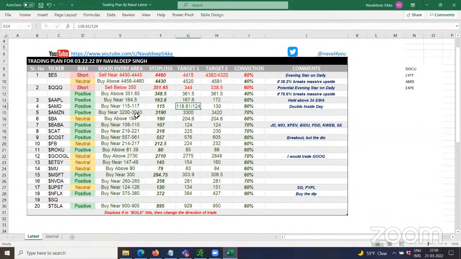So Amazon, 32.60 is my stop loss because I'm going short on Amazon. Potential evening star on daily. So I am neutral trend wise, sell near 32.30, 32.50.